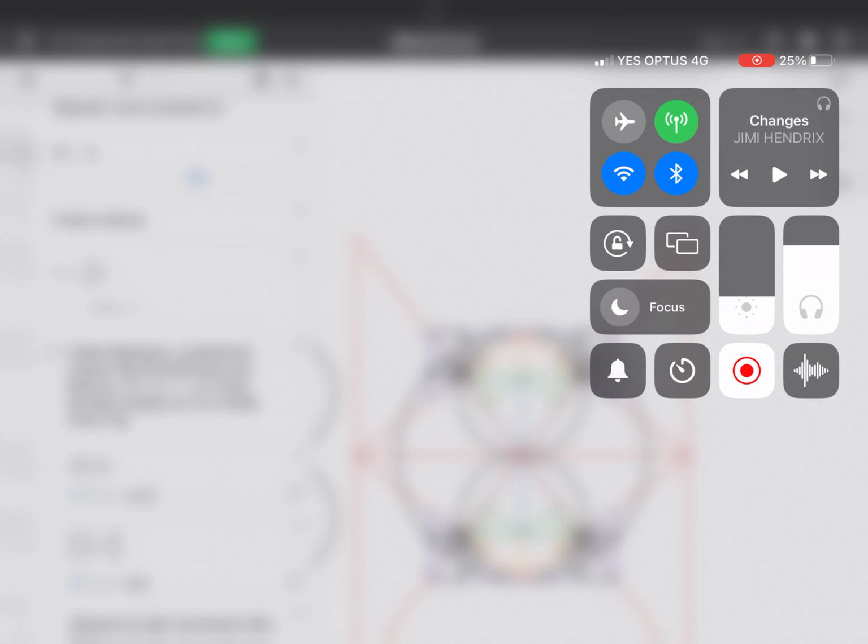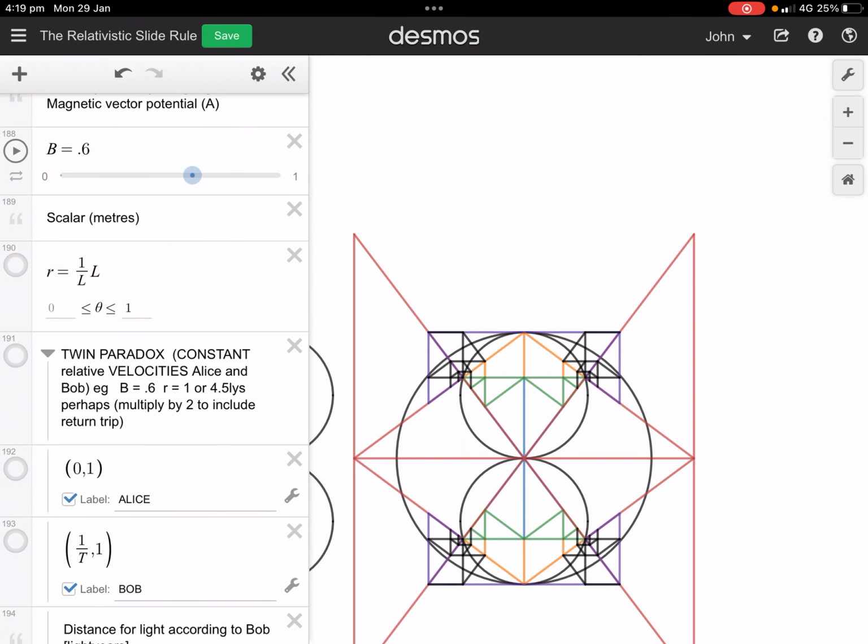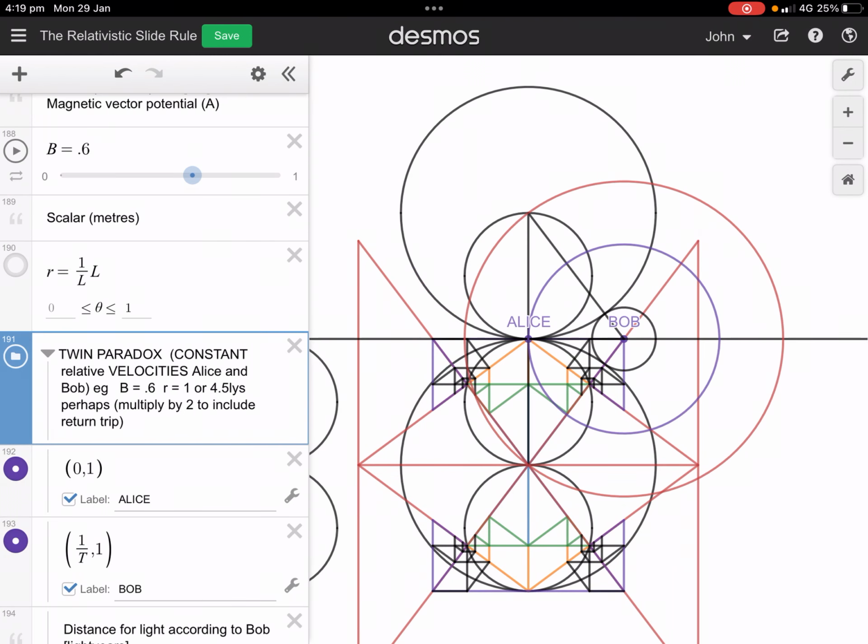Right, I want to explain the twin paradox using the time dimension explanation, which is just light signals sent from one to the other. So I'm going to need this.